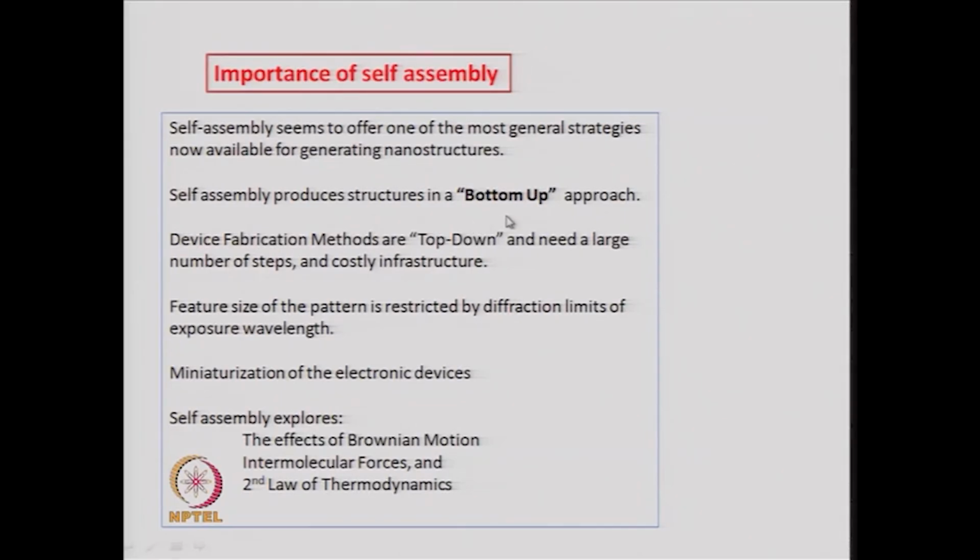However, other methods use the top down approach, where you start with a large material and try to remove material and come down to a smaller structure or a nanostructure.